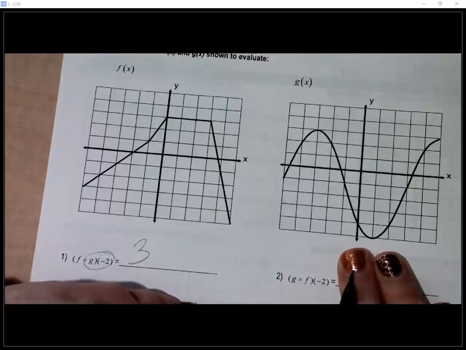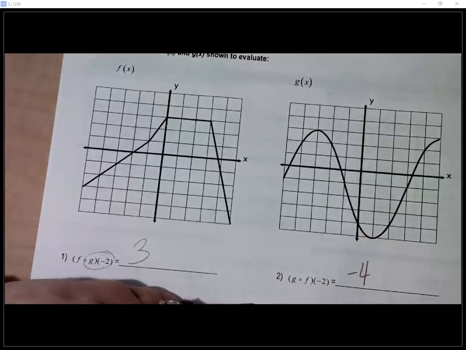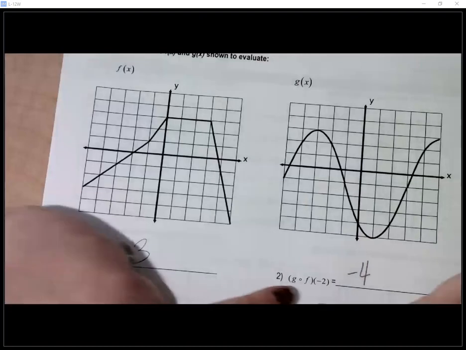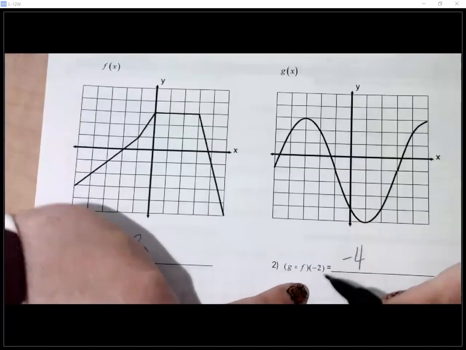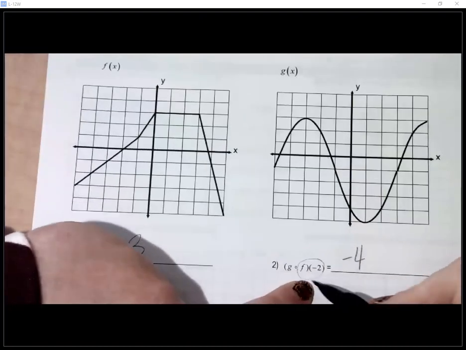You got an answer for me? Number 2. It is -4. So let's go through that in case you didn't get it. First I have to figure out the innermost piece, right? So I go to the F function and see the value at -2.